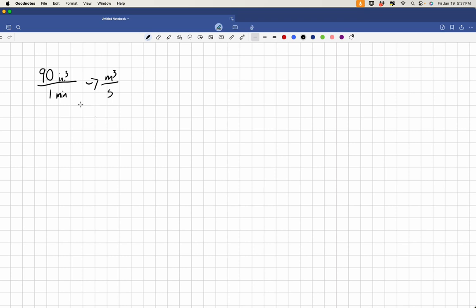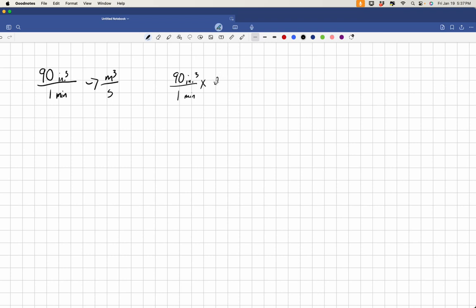Okay, so we start with this, 90 inches cubed over 1 minute. And I'm going to start with the unit of measure just because that's the one we are used to doing. And I'm going to go from inches to centimeters first, and then from centimeters to meters.